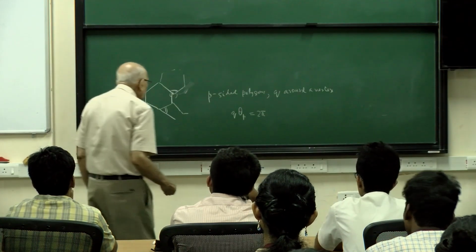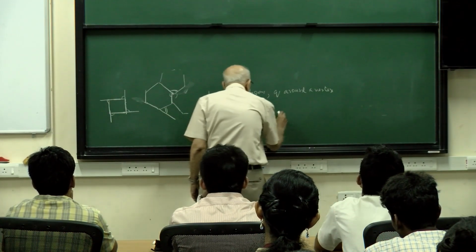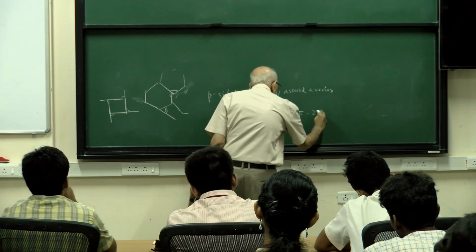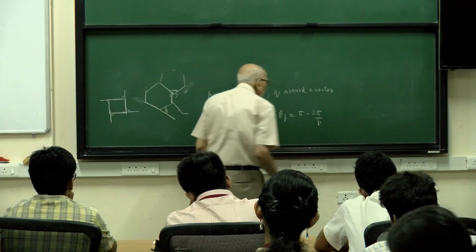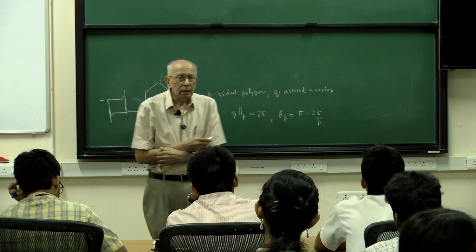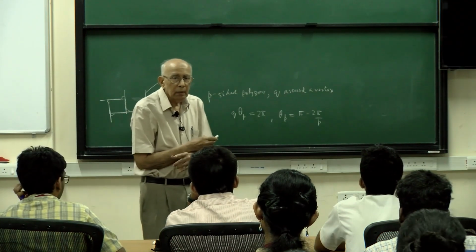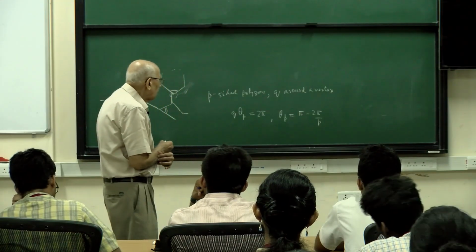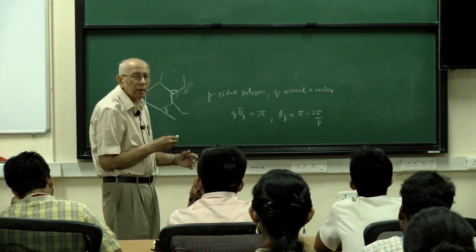So it immediately implies that theta p equals pi minus 2 pi over p, because the external angle multiplied by p is equal to 2 pi, and the internal angle is pi minus the external angle.